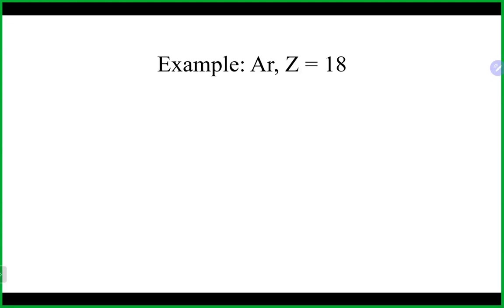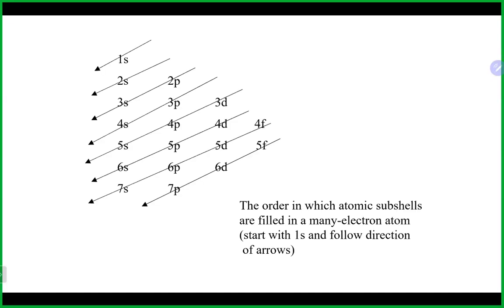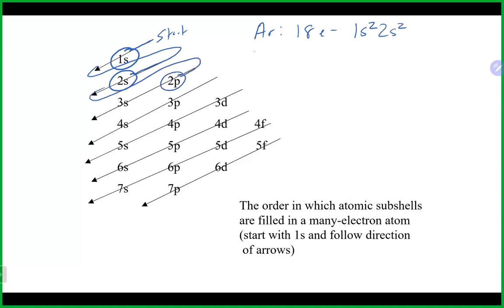Okay, so let's take a look. Again, we're going to start. So we want to do 18. So maybe I'll just do it here so we can see the chart as we're doing it. So argon has 18 electrons. So again, we're going to start here and we're going to go to our 1s like we did before. So a little 1s2. We obviously need to zigzag back here to our 2s2. We need to zigzag back here to our 2p6.